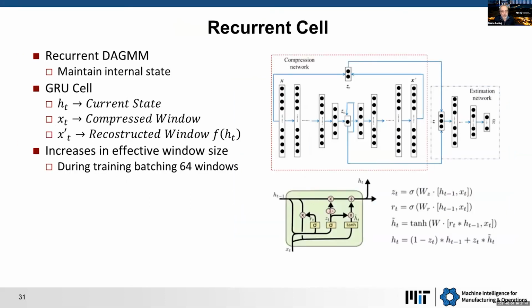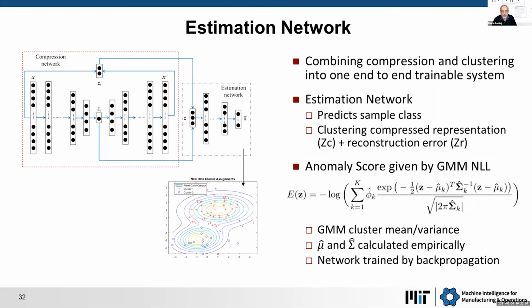I mentioned the recurrent cell. The recurrent cell is relatively simple. It's just a GRU cell, but it does also, with the short-term Fourier transform, give us some window size availability to capture some of the state dynamics for the equipment. So we combined those in one end-to-end trainable system.